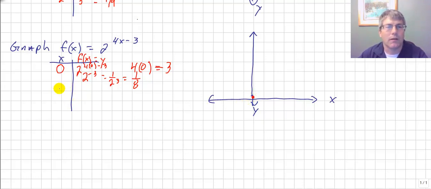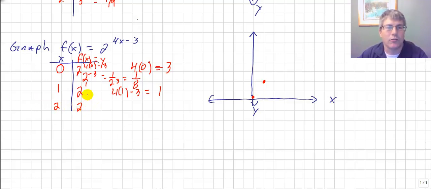Let's see what happens when we input 1. We have 2 raised to the 4 times 1 minus 3, which is 1. So we end up with 2 to the first power, which is 2. When we input 1, we output 2. Let's input 2.